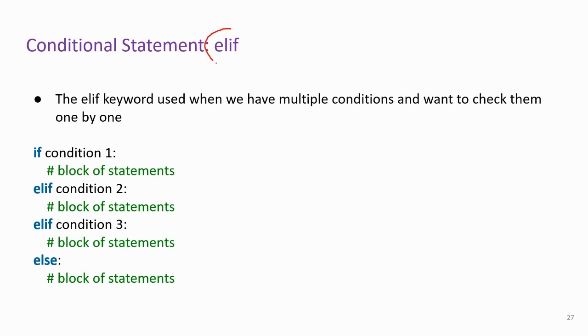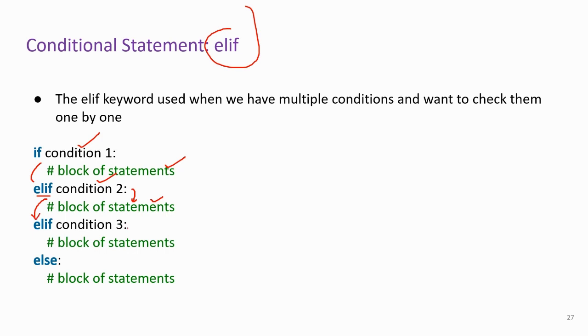See here, if the condition is true, then this block will get executed. If it is false, then another condition will be checked using this elif statement. If this is true, then this block will get executed. If this is false, then it will check for another condition if you want.